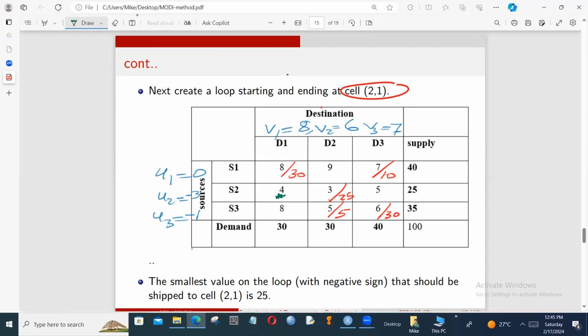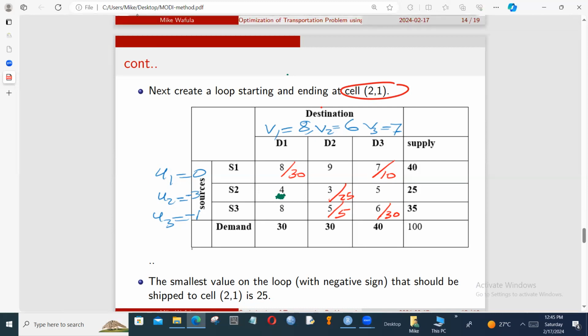So we are going to draw a closed loop from this cell. Now that we know how to draw a closed loop, let's draw the closed loop starting from cell 2-1.